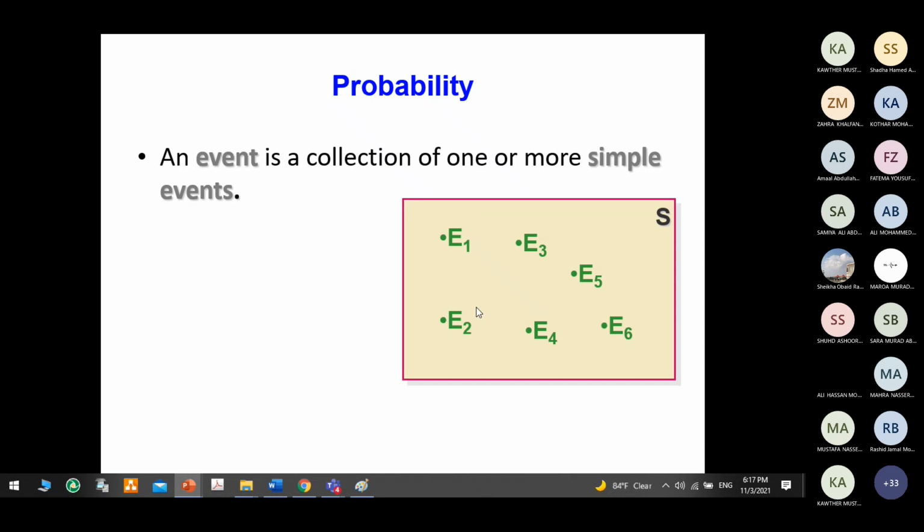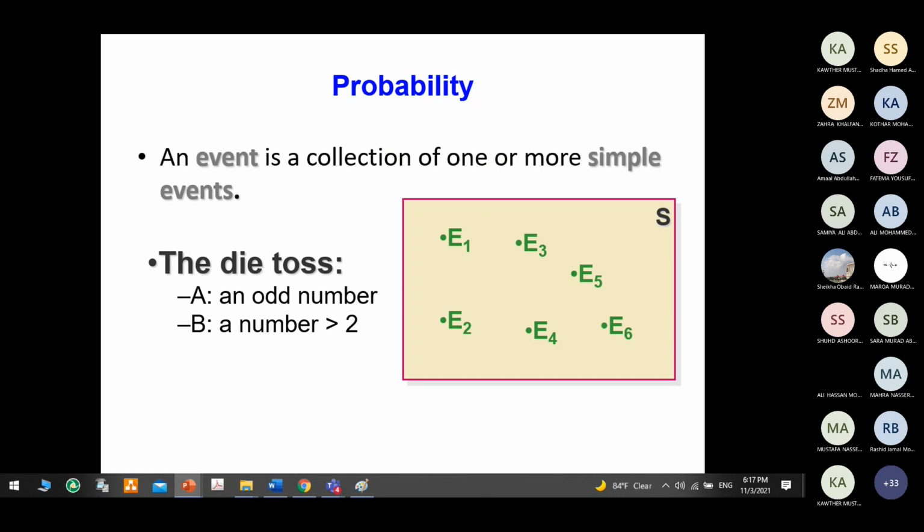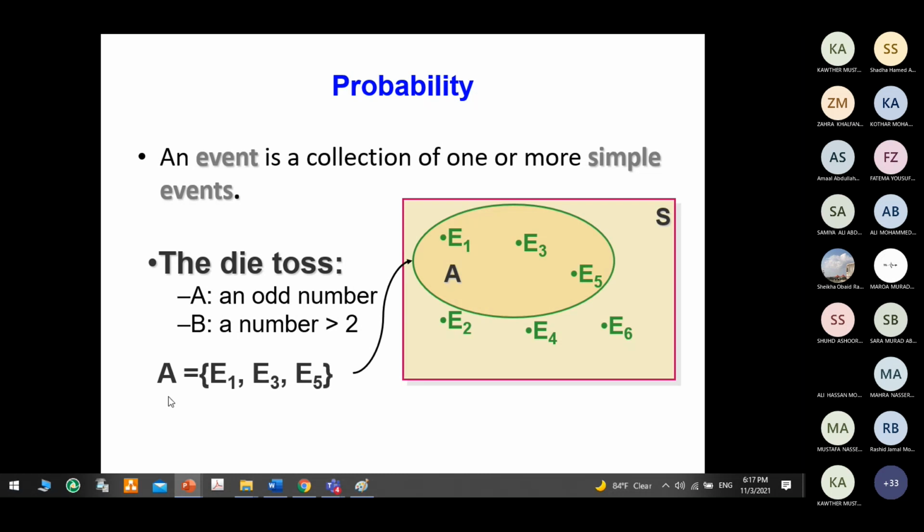Now let me define an event within this sample space. The same example: if I define A as an event, an odd number, I'm talking here about 1, 3, and 5. If I define another event B, a number greater than 2, it means 3, 4, 5, 6. If I write them as an equation, I will say A is E1, E3, E5, because these are the odd numbers. I can circle them. You see this circle?